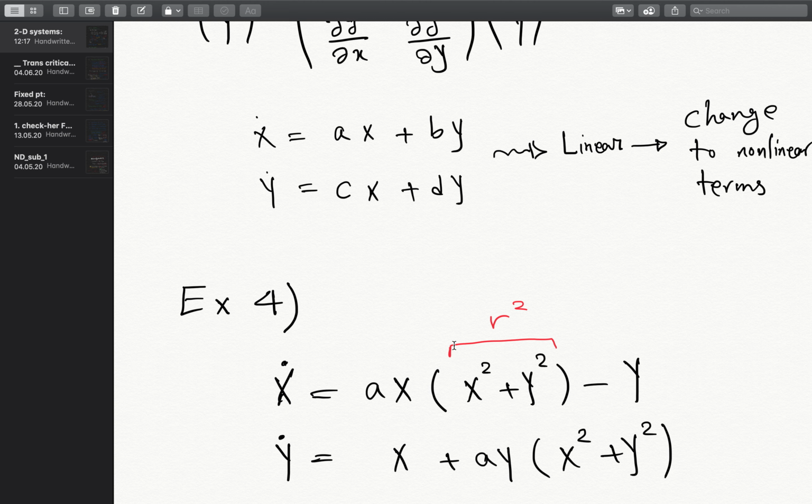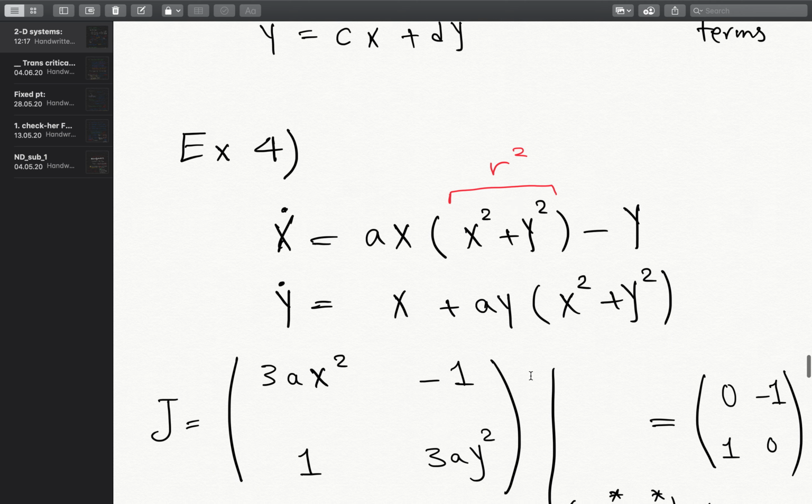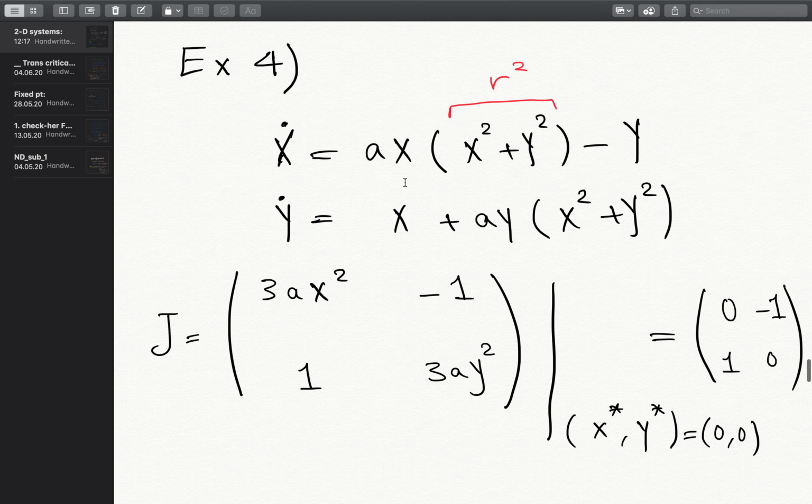So I just wrote it like this because I can say actually ax cubed plus axy squared minus y, because if you just look at it like in a plane, like x squared plus y squared is equal to r squared, I just wrote it like this. It's not important.